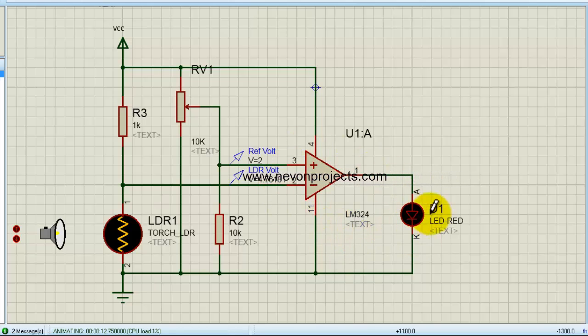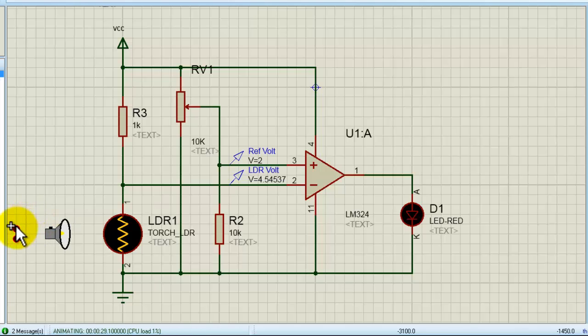If we want the LED to turn on, then our inverting terminal should be less than the non-inverting terminal. So now let us increase the intensity of light on the resistor so that its resistance becomes less and less and the potential will decrease over here.